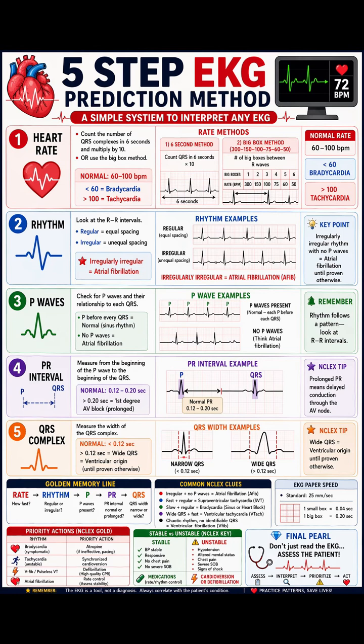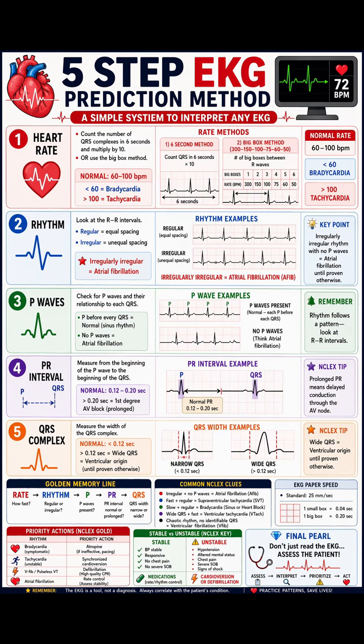What does it mean? Completely no pattern at all, and completely random spacing from one R to the next R. Why is it happening? It means the atria are not contracting properly. Electrical activity is very chaotic. Let me give you a clue for this.